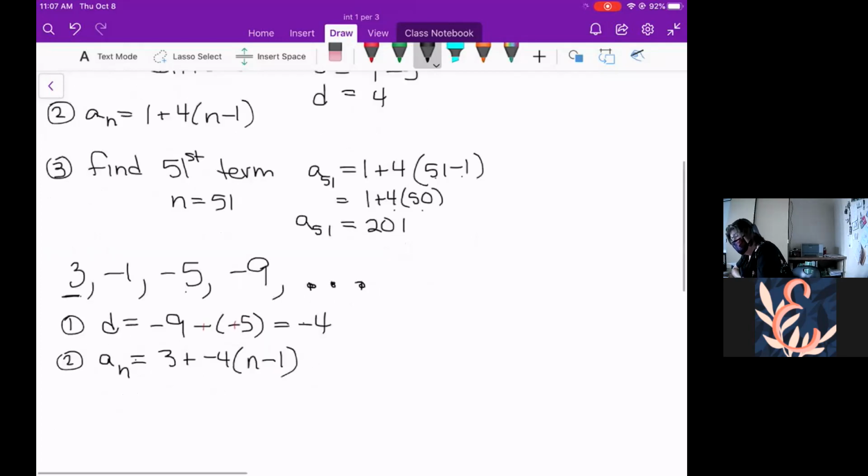And now for the 51st term, I want a sub 51. So that's going to be 3 plus -4 times 51 minus 1. So that's going to be 3 plus -4 times 50.